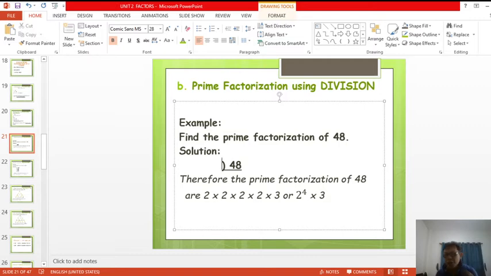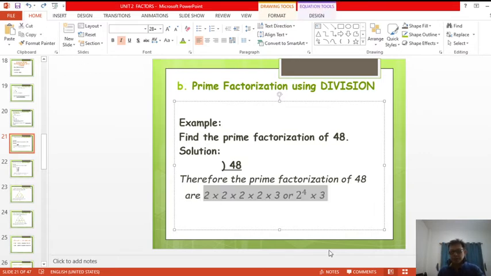After that, think of the smallest prime number again. Can I use 2? Yes. Can I use 3? Perhaps, but it's better to use 2. So you use 2 now.